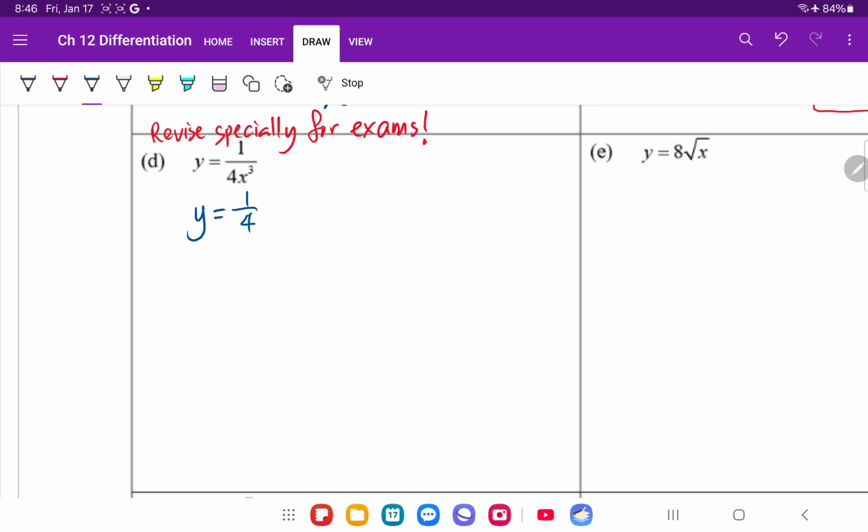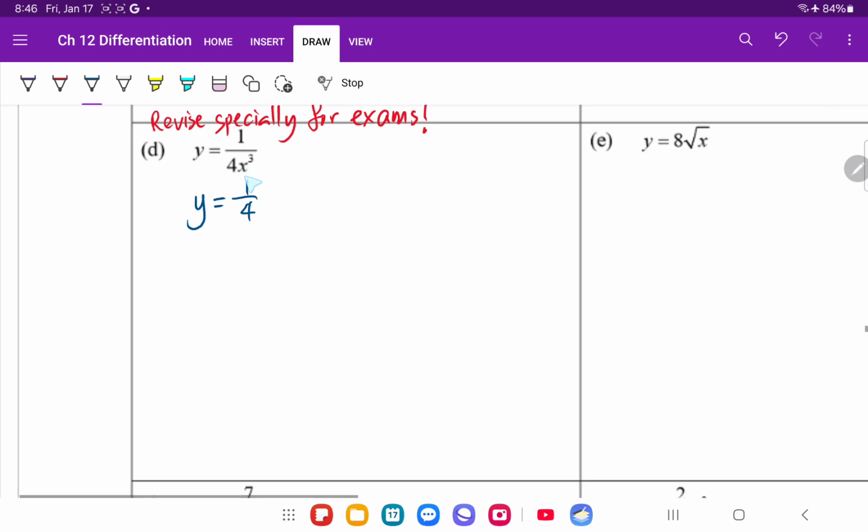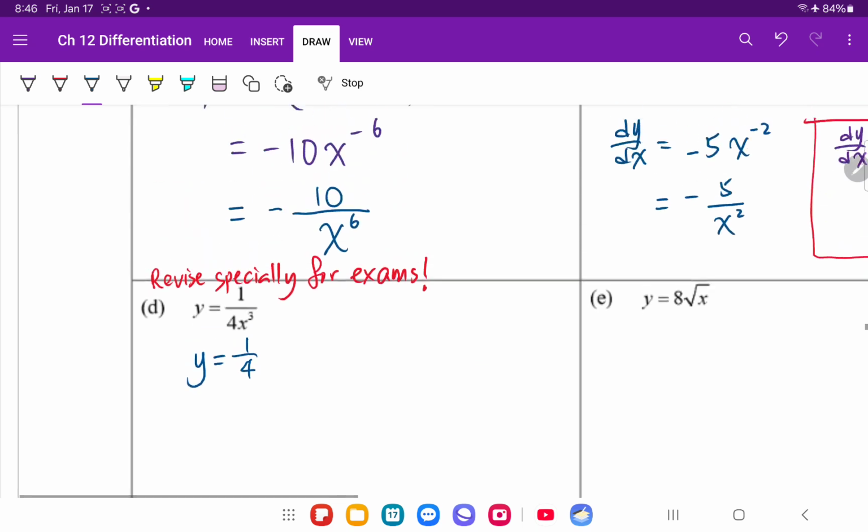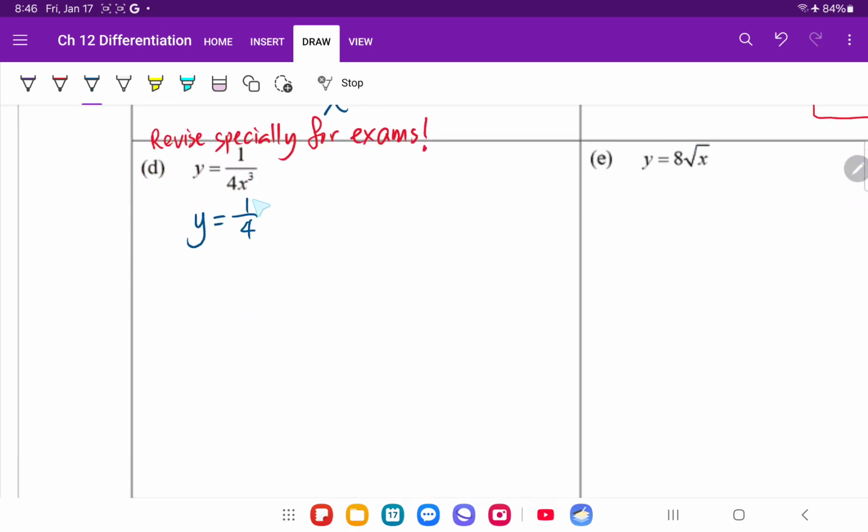It is not 4, it's 1 quarter. Now the x power 3, if I bring it up as a negative power, it is actually written as 1 quarter x power negative 3. Now if I apply the constant multiple rule, this is the constant, this is the power rule.